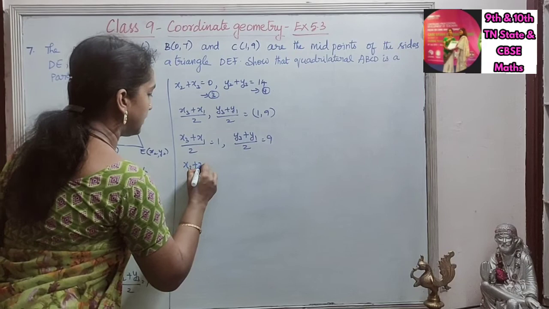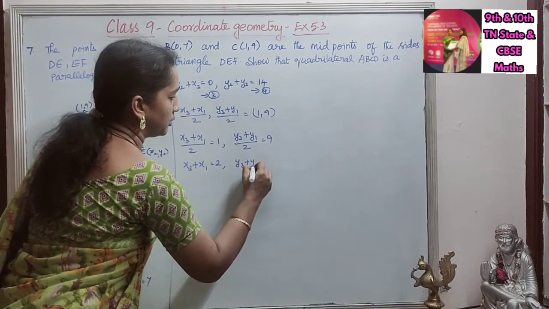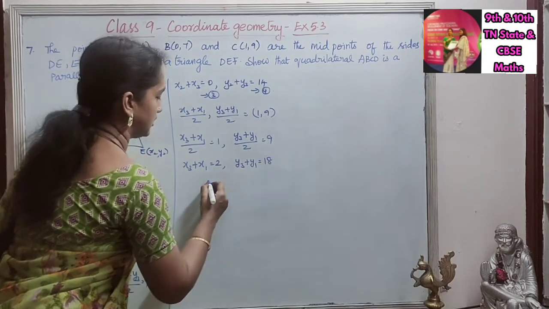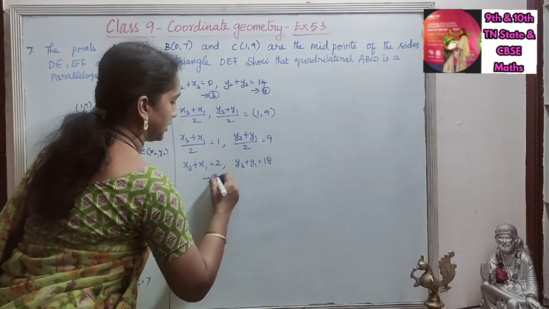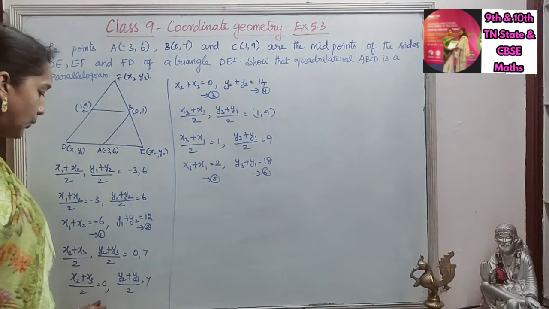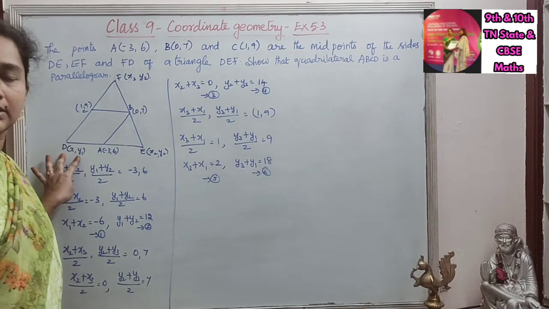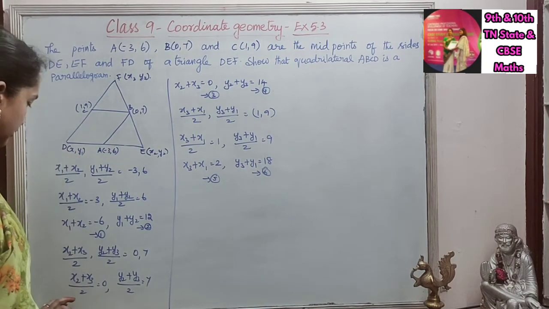So x3 plus x1 is equal to 2. y3 plus y1 is equal to 18. So this is the fifth equation and this is the sixth equation. So now we will solve this. Only this point, x1 and y1, if we find, that is enough.